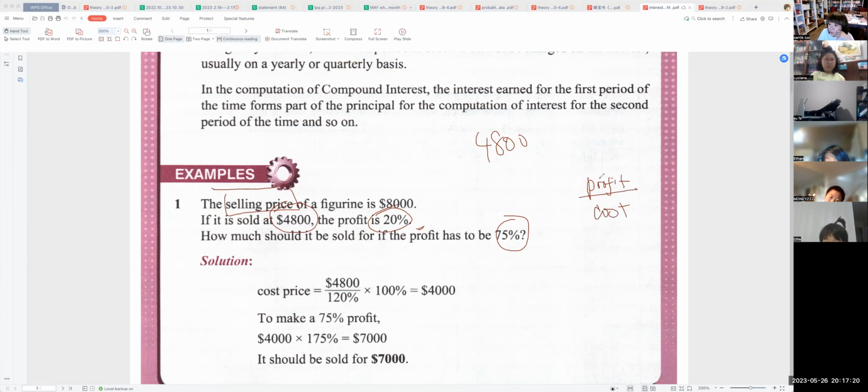So profit divided by cost equals 20%. Profit equals selling price minus cost. Correct, Luciana? So we have these two equations. Profit equals 20% times cost.